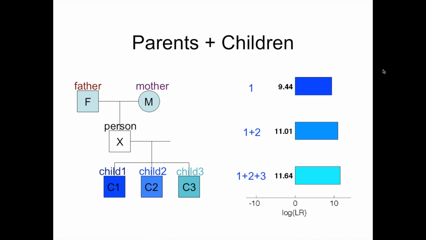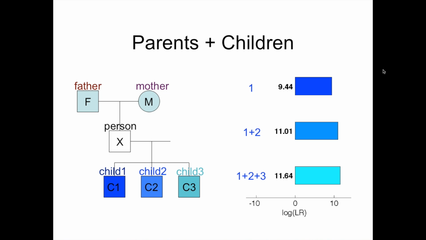Similarly, if we have parents and not a spouse, and we look at the series with using more children, the father and the mother put considerable constraints on what the genotypes of the unknown person X can be as prior information, and then the children add more likelihood constraints because they're affected by the genotype of person X. And here, the series, as we go from just the first child to then the first and second child and all 3 children, now the numbers are moving as log likelihood ratios from 9.5 up to 11.5.